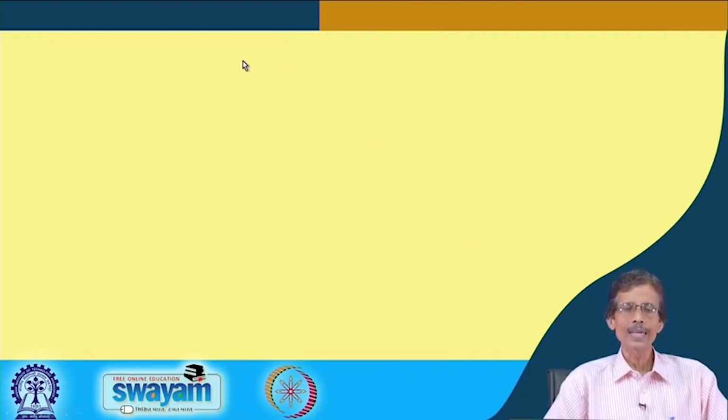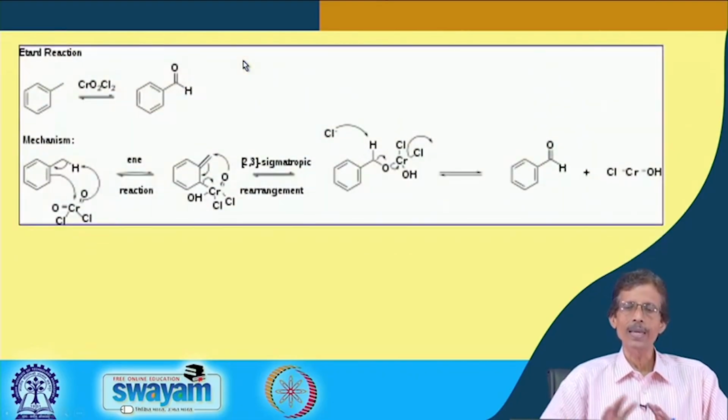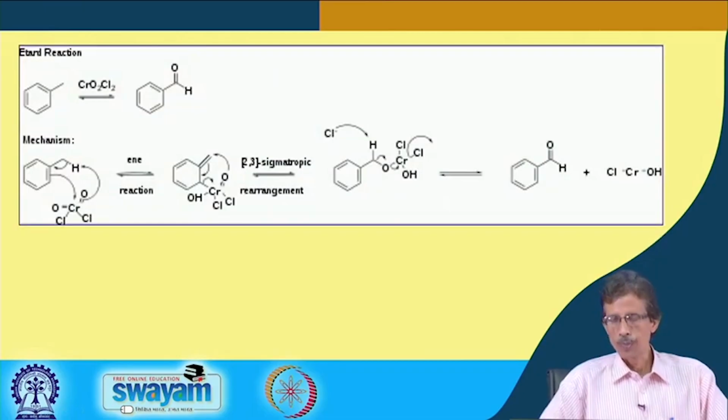So, what is that reaction? Let us see that reaction from a typical organic chemistry point of view, because we should also know small organic reactions when we are utilizing this chromyl chloride. So, what is the Étard reaction? The Étard reaction is nothing but, if you have a methyl substitution on the phenyl ring, we can get the corresponding oxidation to benzaldehyde.